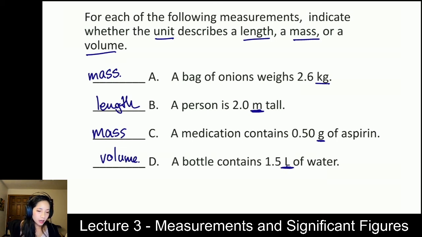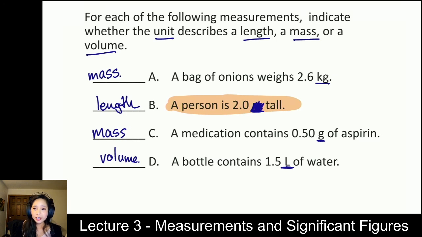I want to draw your attention to something I just thought of. What if the phrase, a person is 2 meters tall, didn't include the unit? Let's say you were talking to your friend and they asked how tall you were, and you said, I am 2.0 tall. Your friend would have no idea what you're talking about because you didn't include a unit. Are you 2 feet tall? 2 inches tall? 2 car lengths tall?